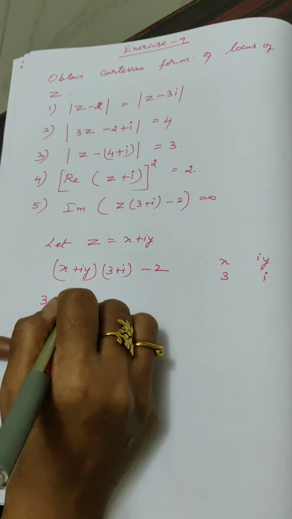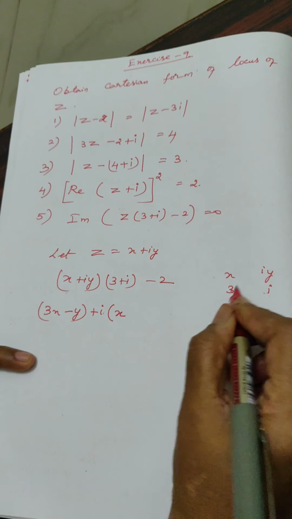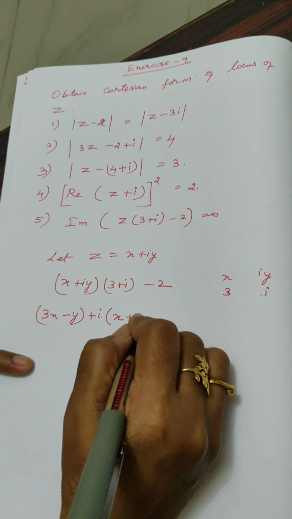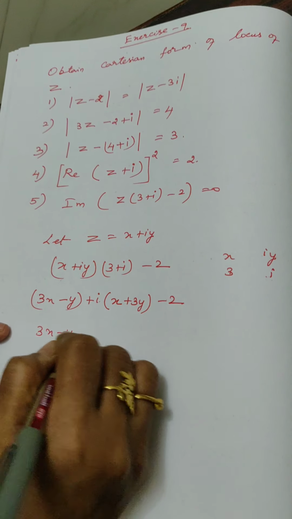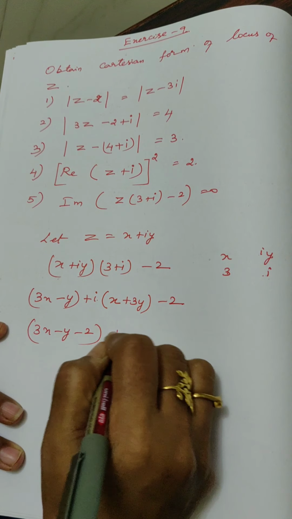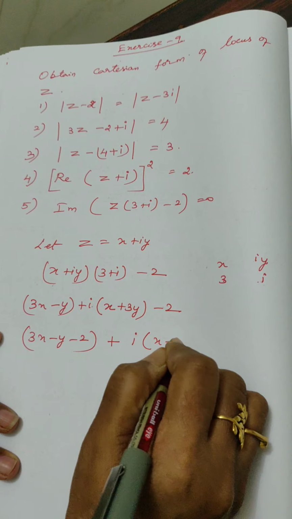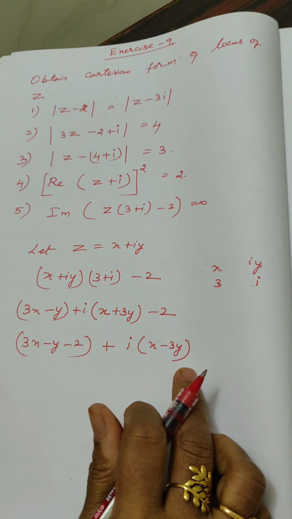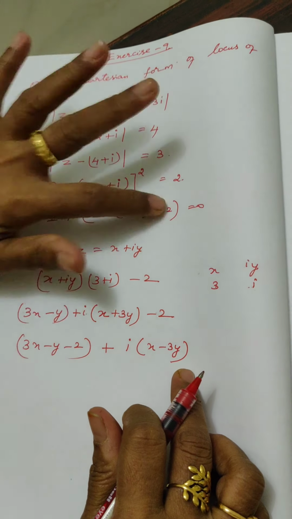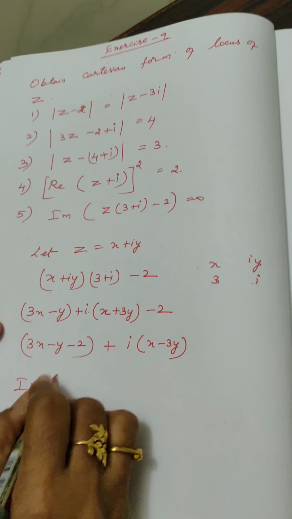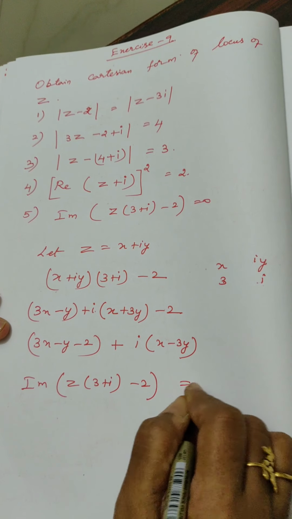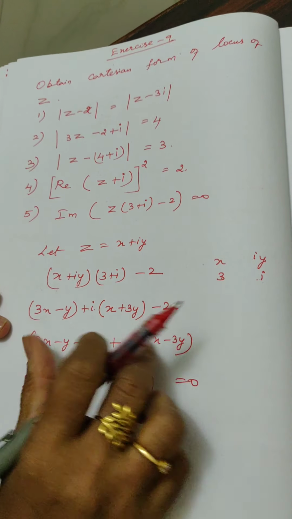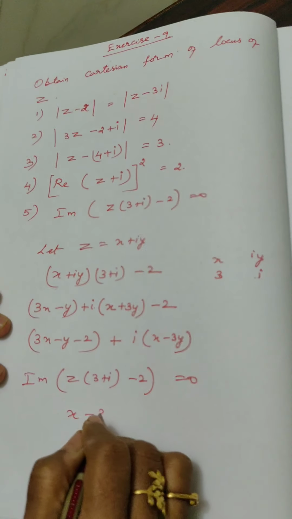So x into 1 is x, 3 into y is 3y, and the result is 3x minus y minus 2 plus i into (x minus 3y). This is not our question. Our aim is to find the imaginary part of this. So the imaginary part of z into (3 plus i) minus 2 is 0, which gives x minus 3y equal to 0.